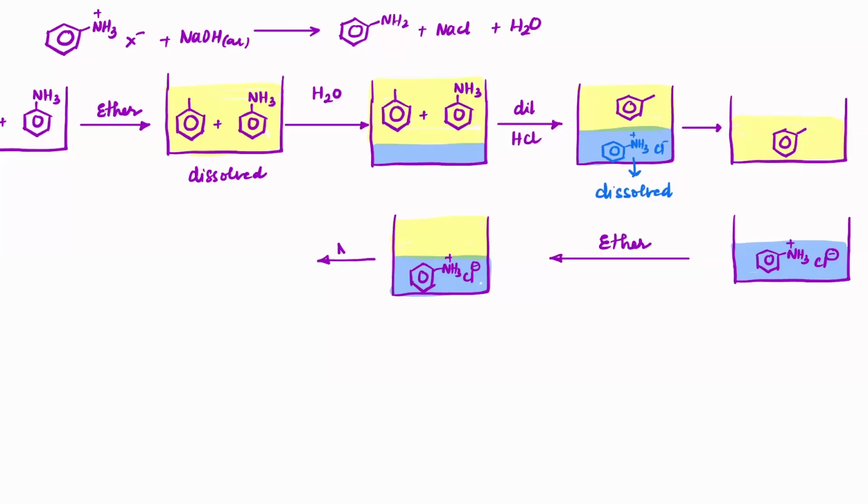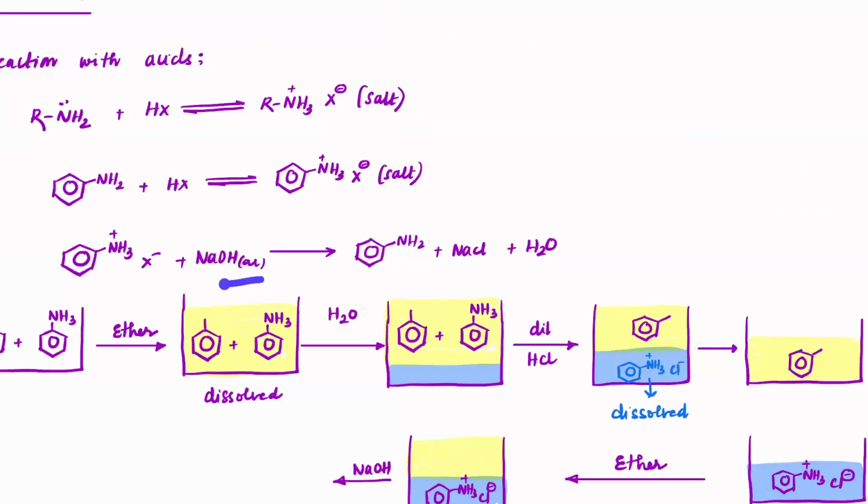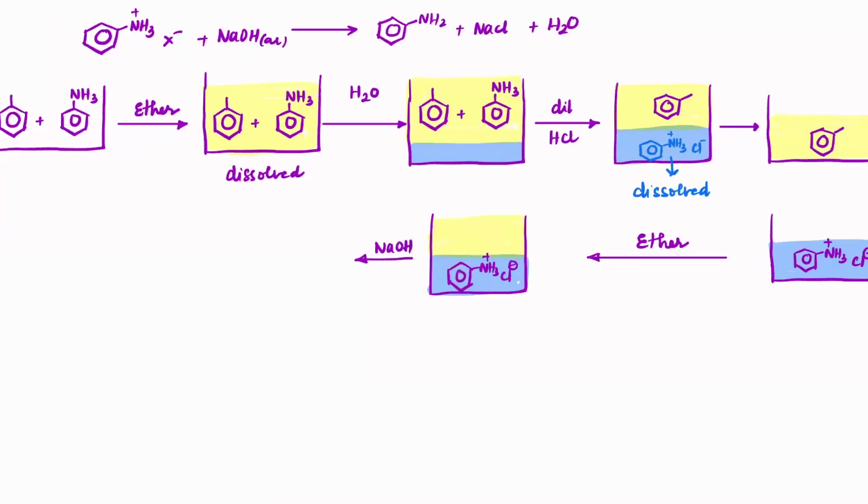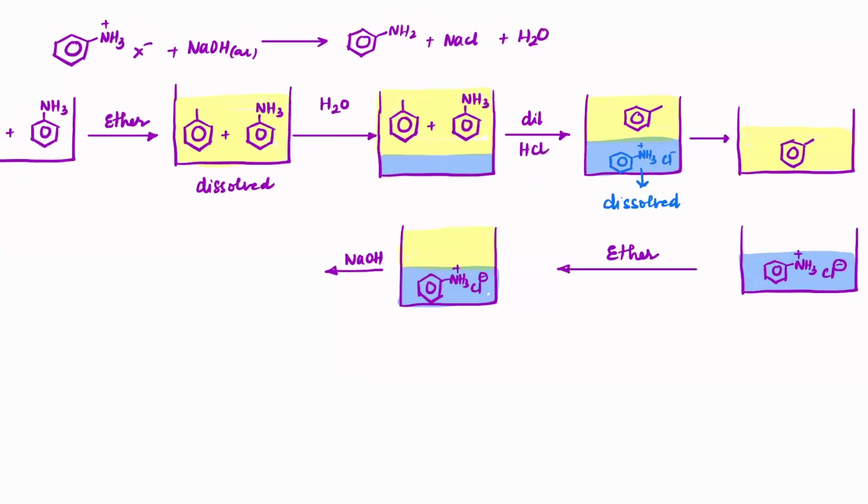On adding NaOH, you see this reaction will take place, and aniline will get separated. And aniline is less soluble in water. Since it is less soluble in water, what we will notice here is that a separation happened.